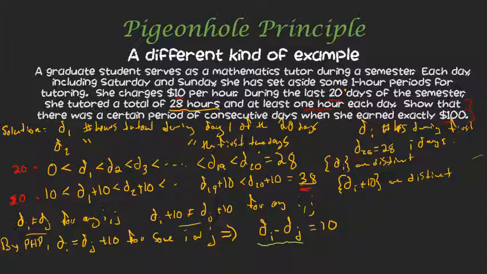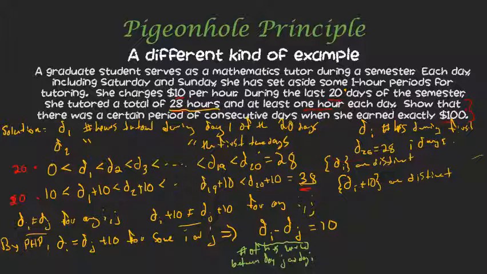And so this would be the number of hours worked between day j and day i.